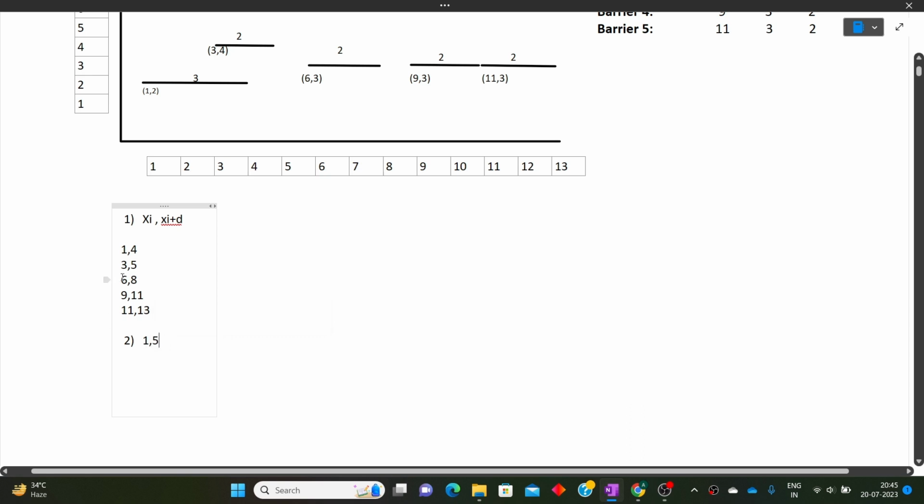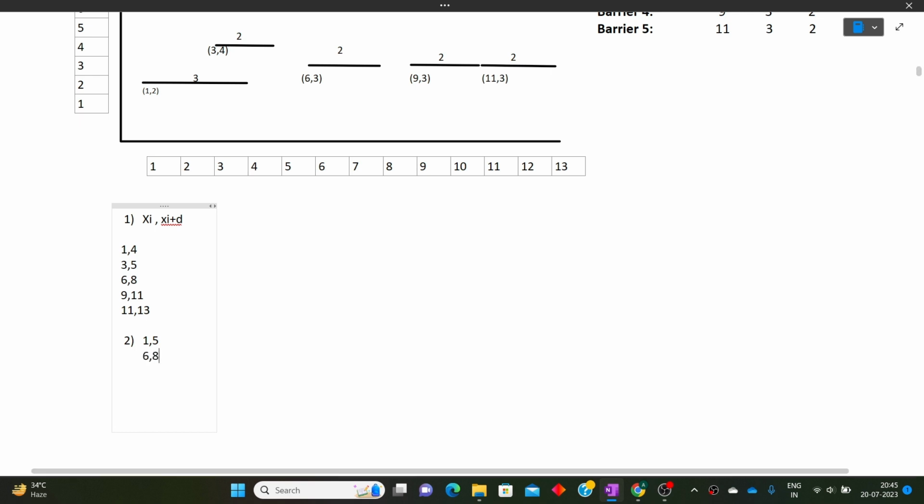Then we will compare the third barrier, whether it is overlapping with this 1 comma 5 or not. Is the starting value of this barrier less than the ending value of the previous one? The answer is no. So this particular barrier is a different barrier, and we take it as 6 comma 8.